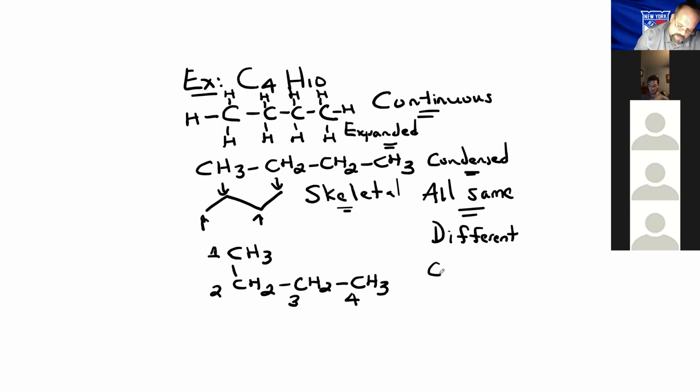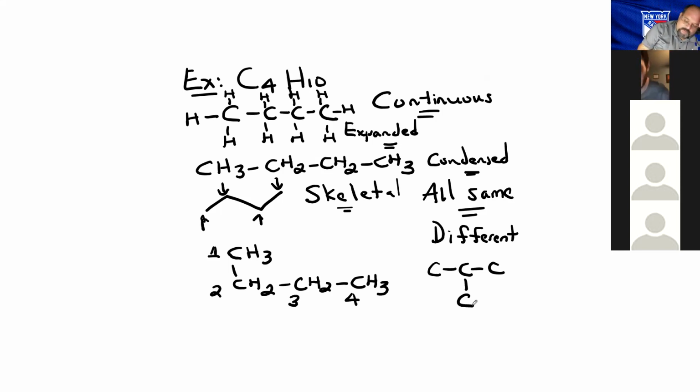Well, as we saw in the notes, one of the ways of doing it is this: you don't always have to change the length of the parent or main chain to make an isomer, but really a good way to come up with an isomer is to change the length of the parent or main chain.